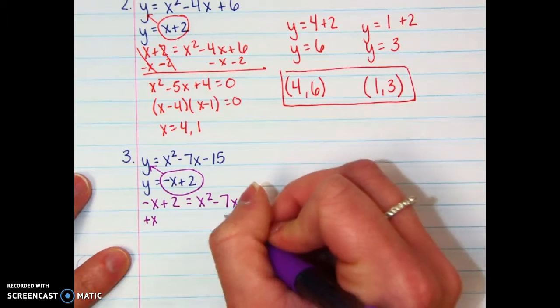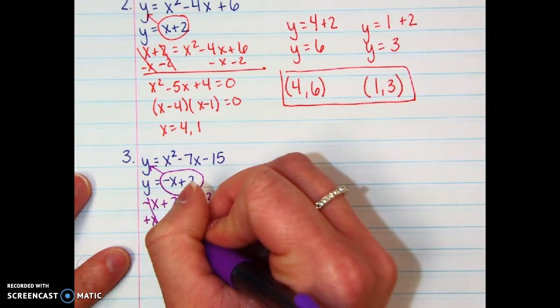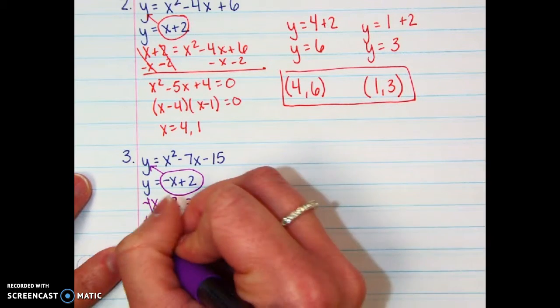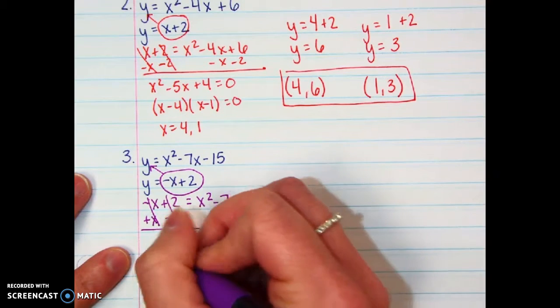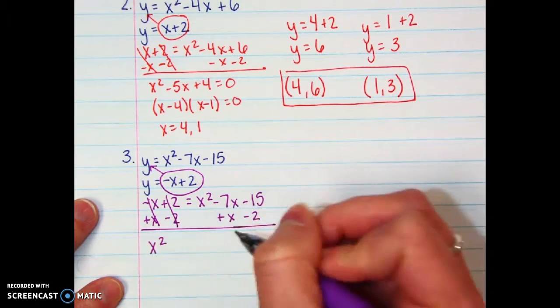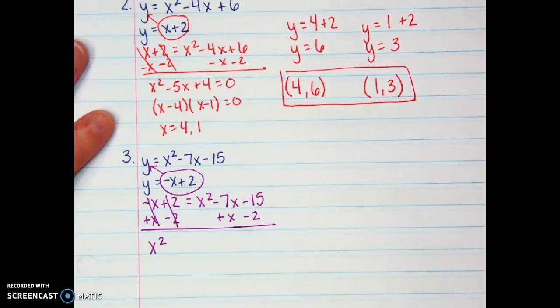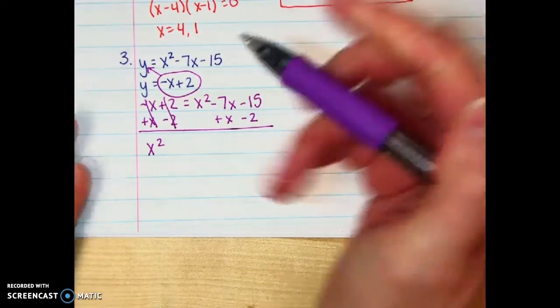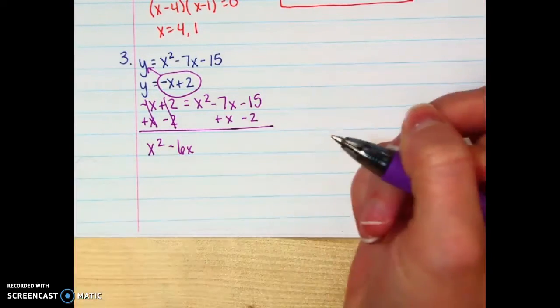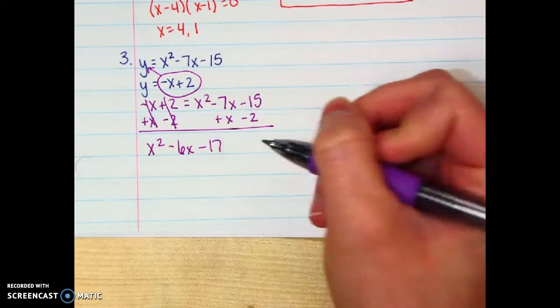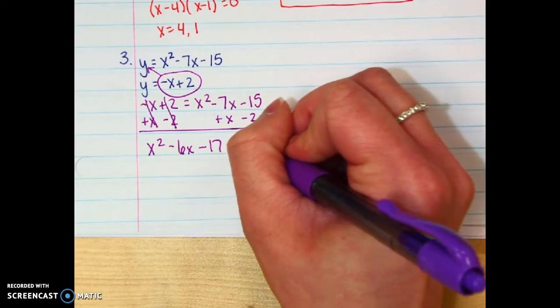Going to add x. And in the same step, I'm going to subtract 2. That gets me x squared, let's see, negative 7 plus 1 is negative 6. So that's minus 6x minus 17 equals 0.